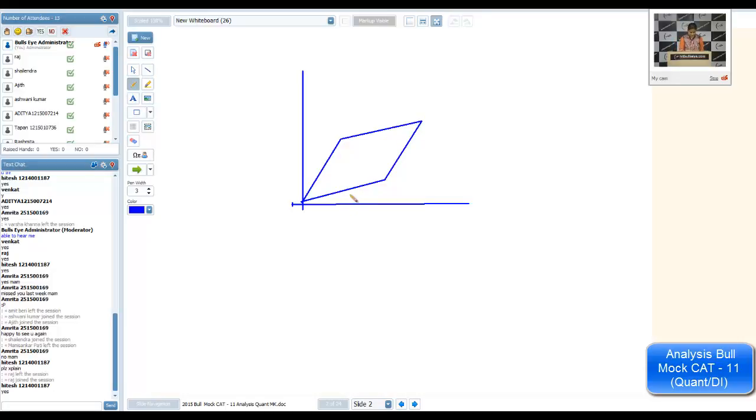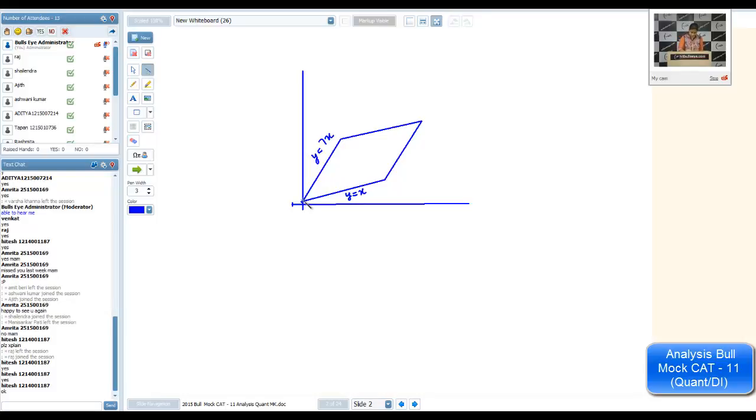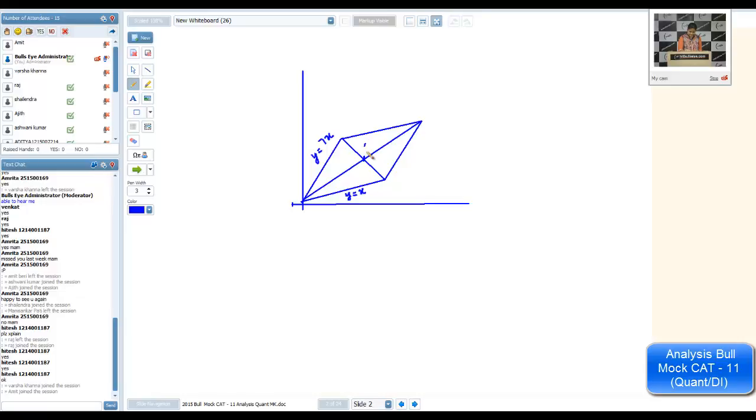Obviously, I think, Hitesh, you are okay with this if I write these equations. Y is equal to x and y is equal to 7x. Now this point is given as 1, 2. Let the rhombus name be OABC and the intersection point of the diagonal be D.